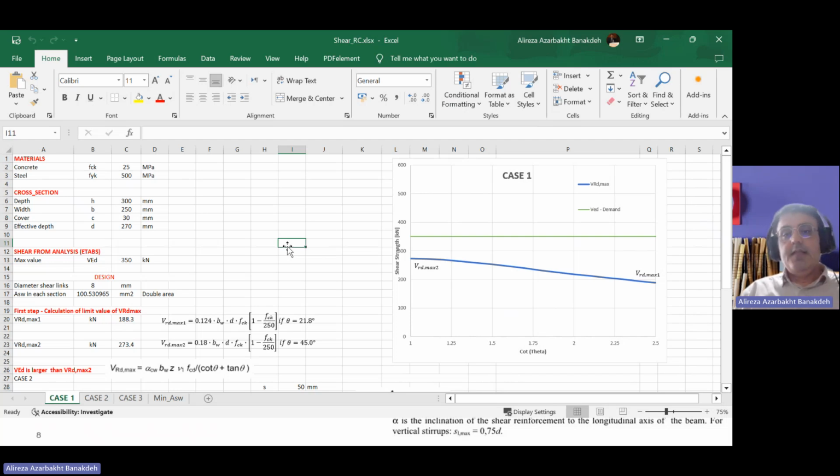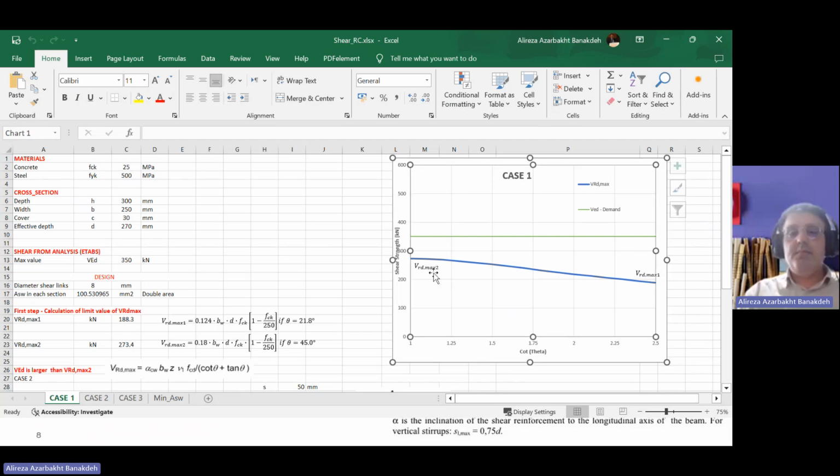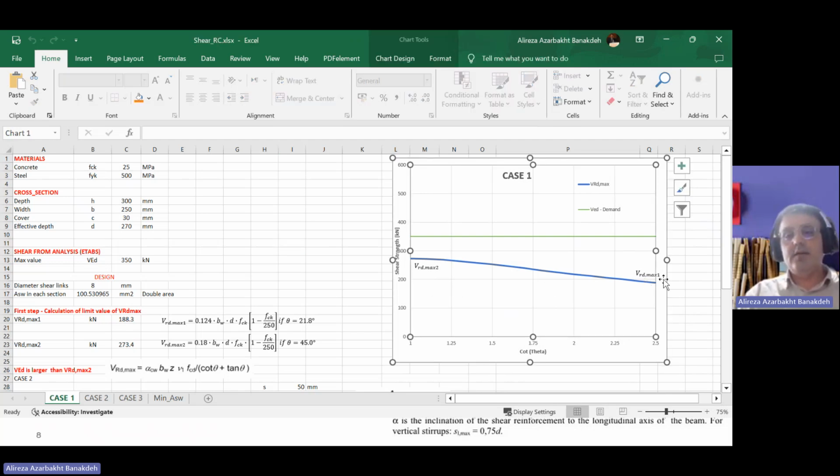But case 1, 2, 3 are for 3 different cases that may occur during the process of shear design. The whole idea is that at the beginning of your shear design, you need to calculate 2 parameters, V max 2 and V max 1. Can you see this blue curve from the start to end?